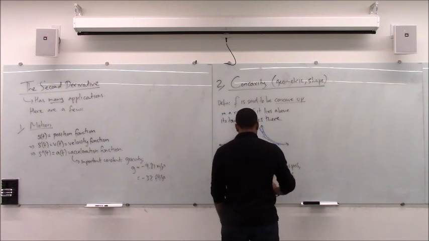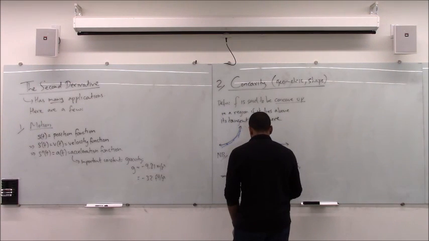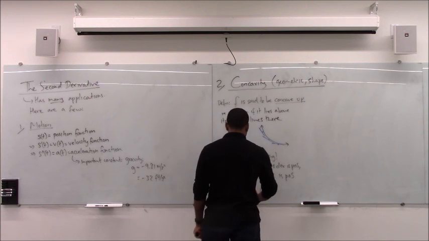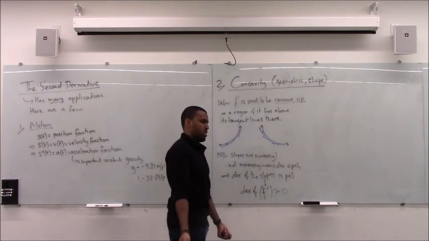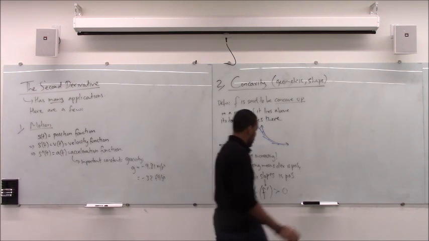But what is the slope? Well, the slope is f prime. So it means that the derivative of f prime is positive. What is the derivative of f prime? Well, that's the second derivative, that's f double prime.